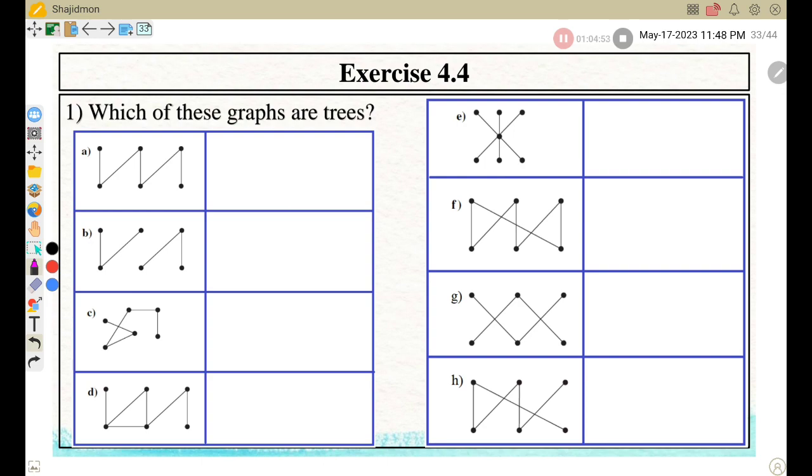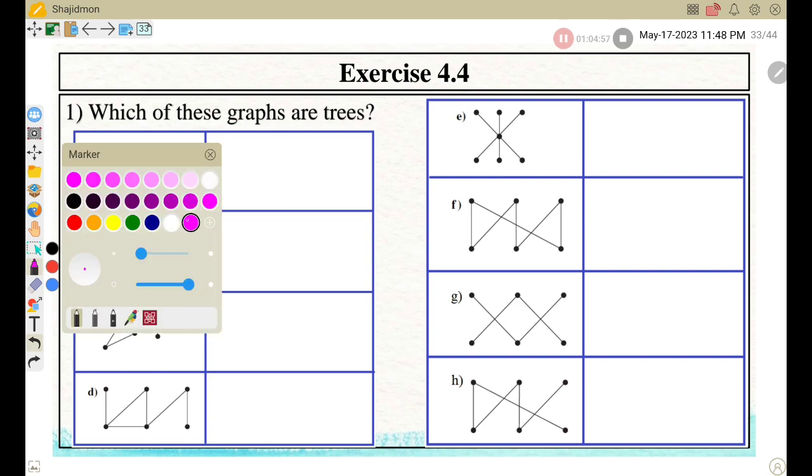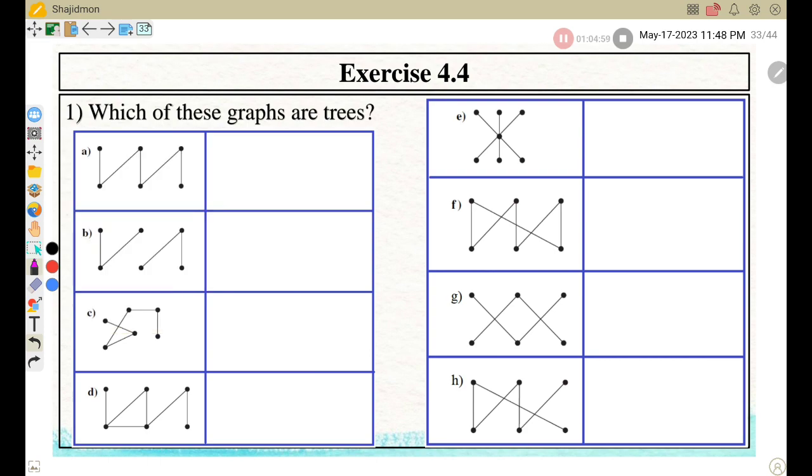First question. Which of the following graphs are trees? Now we are answering one by one. The first graph, A part. What we need to know is whether it is a tree or not. In the beginning we discussed what we need to check. First, we need to check whether it is connected or not.